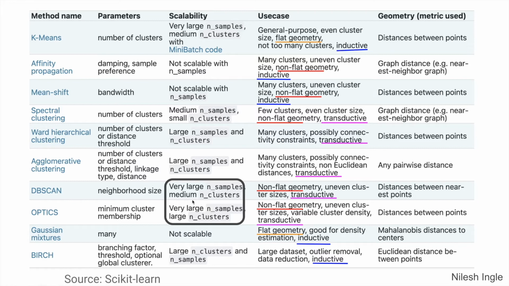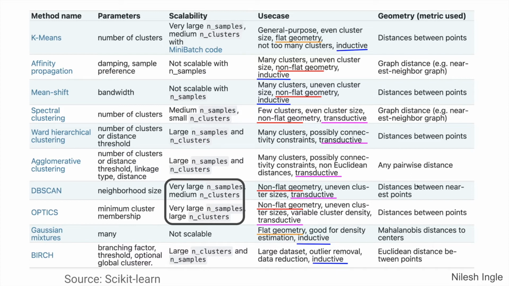Additionally, we can see the scalability for each of these methods. For very large data sets, you could use DBSCAN and OPTICS. The Birch method is also suitable for very large data sets. And here we have the geometry, that is, the type of metric used: Euclidean distance, Mahalanobis distance, and so on.